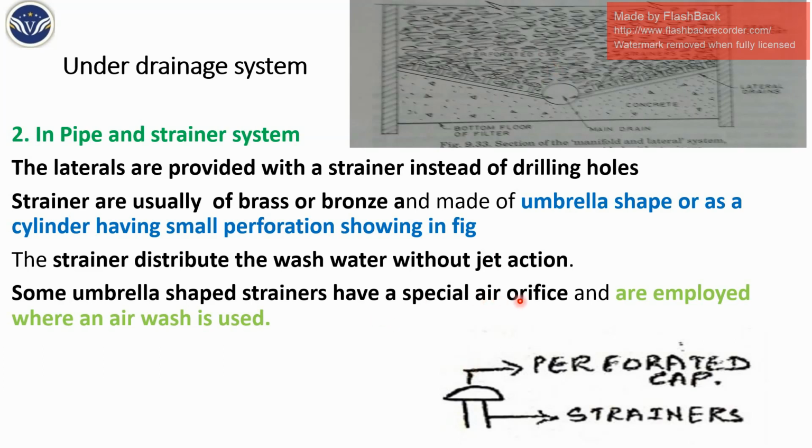Sometimes a special air orifice is employed because air wash is used. We pass compressed air through this system, and by doing so we clean the filter media itself. So this is about the pipe and strainer system.